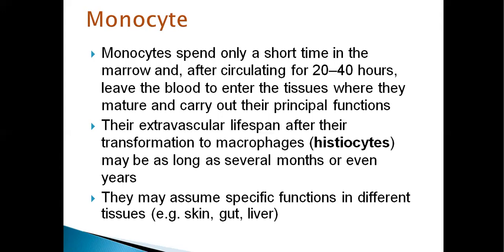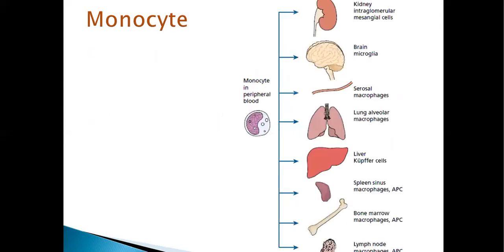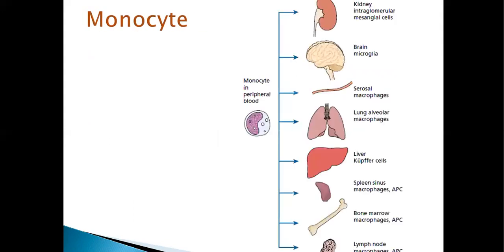They may assume specific functions in different tissues like skin, gut, GI tract, and liver. This slide represents the presence of the monocyte in the kidney, brain, blood vessels, lung, liver, spleen, bone marrow, and lymph nodes.